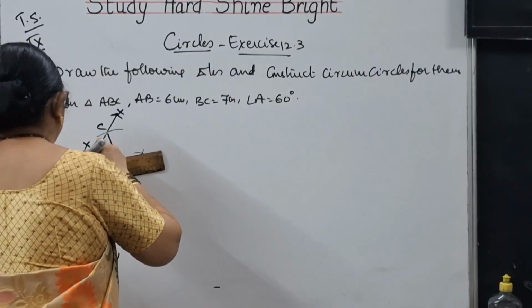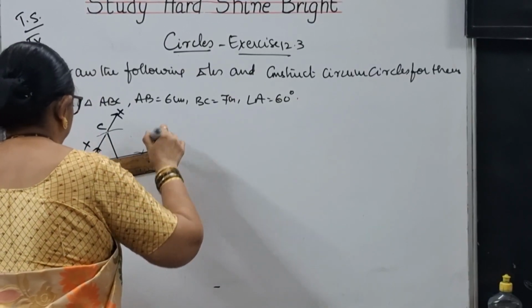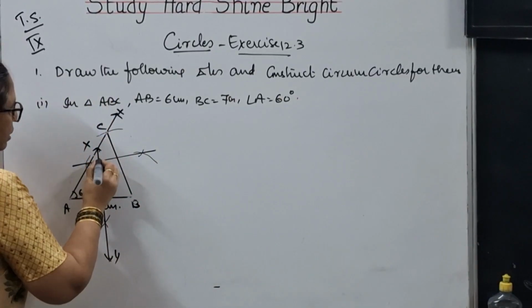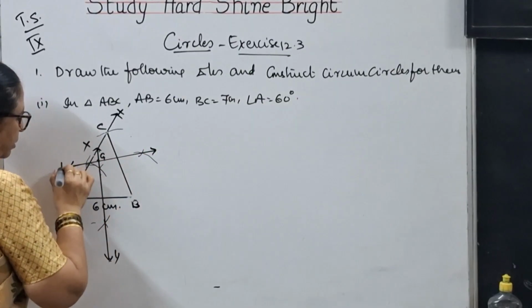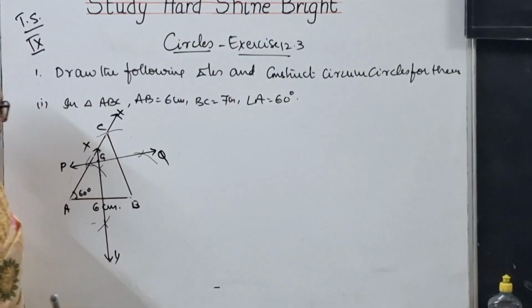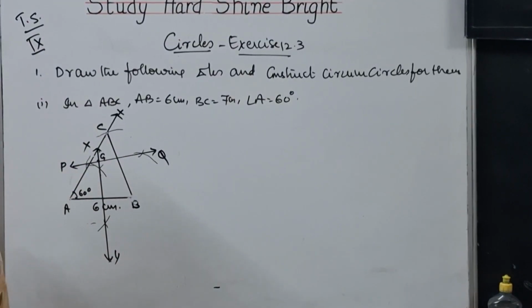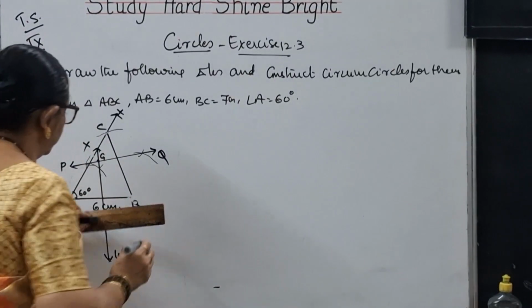So if you join them, you are getting a point G. Let me call this PQ. They are intersecting at G. Now what you need to do?